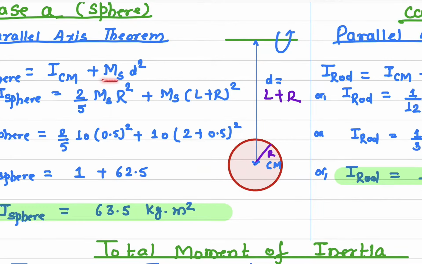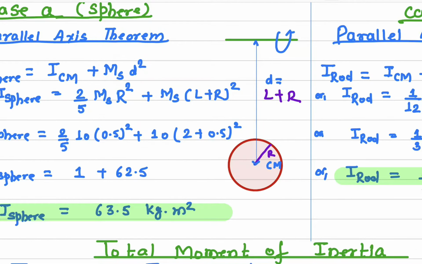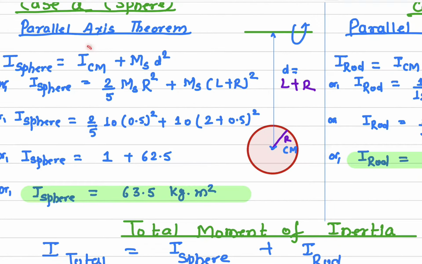Then add this term, the mass of the sphere times the distance between the center of mass and the axis of rotation. That's what the parallel axis theorem tells you.